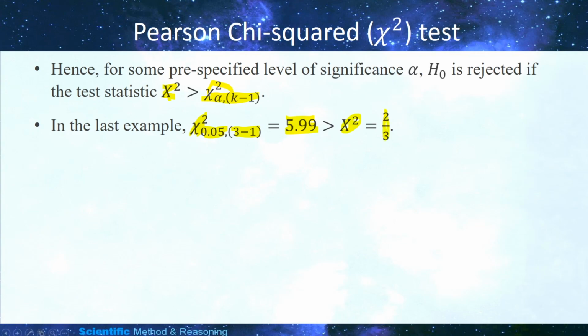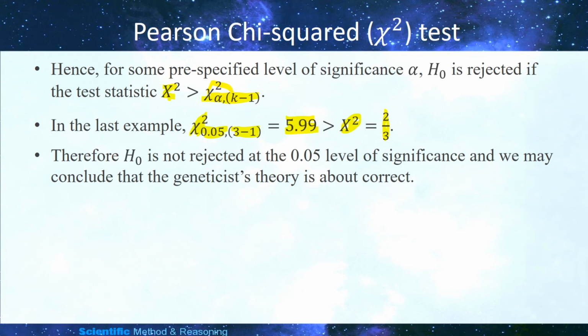Therefore, the null hypothesis is not rejected at the 0.05 level of significance, and we may conclude that the geneticist's theory is about correct. That is the one-way classification problem, or what we call the goodness of fit test. That means the model proposed by the geneticist is appropriate.